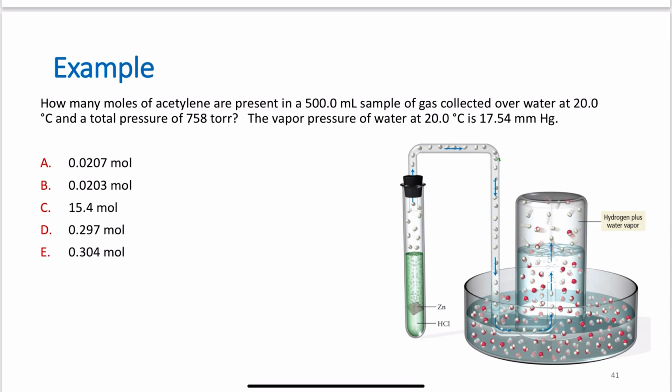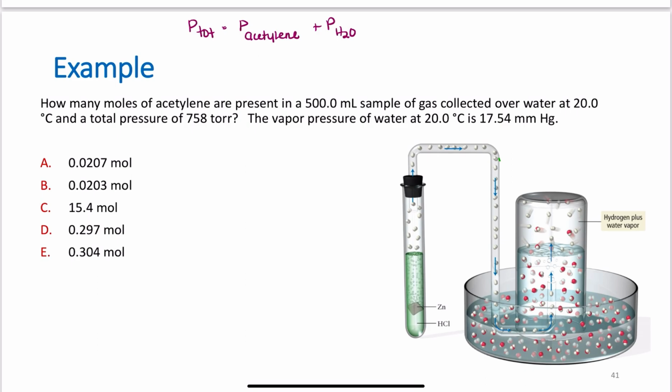Here, how many moles of acetylene are present in a 500 mL sample of gas collected over water at 20 degrees C and a total pressure of 758 torr? The vapor pressure of water at 20 degrees C is 17.54 millimeters mercury. Well, I know that P total is equal to the pressure of acetylene plus the pressure of the water.